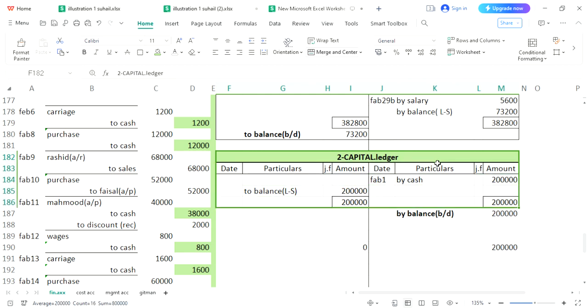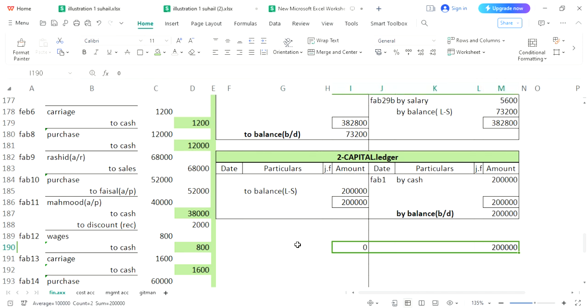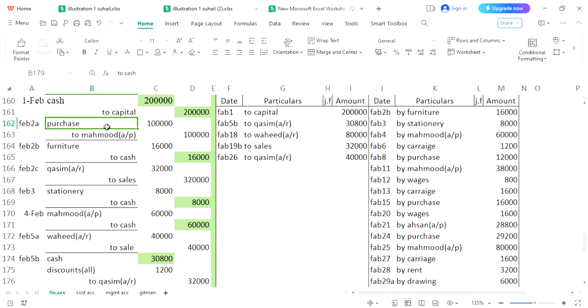As our purpose has been completed, we mark it as a completed ledger by putting an ending line. These sums of both sides were written just for reference. Our purpose has been completed, so we can erase them. The second ledger, the ledger of capital, has been completed.